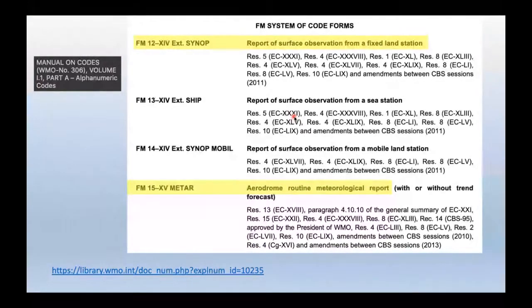But there's also synoptic and ship reports, which are very similar in many ways, which are reports of surface observations from either a sea station or a fixed land station. There's a lot of other formats as well that I'm not going to go into, but the point is that these are on an equal level with METAR reports in terms of a way of describing information. And in many cases, these other formats are the only information available.